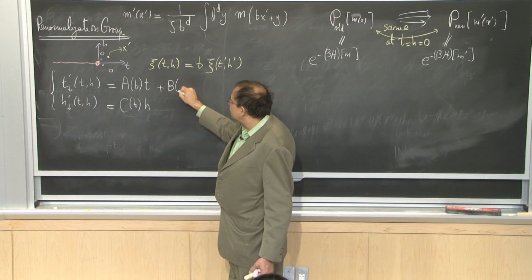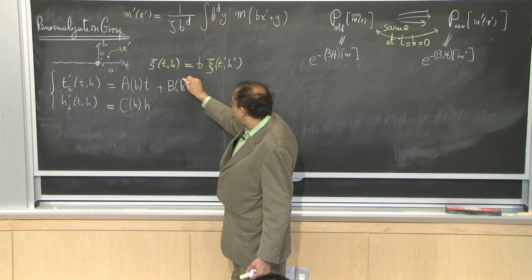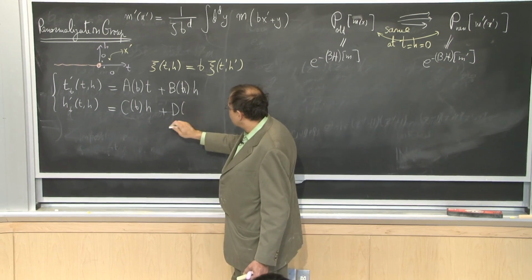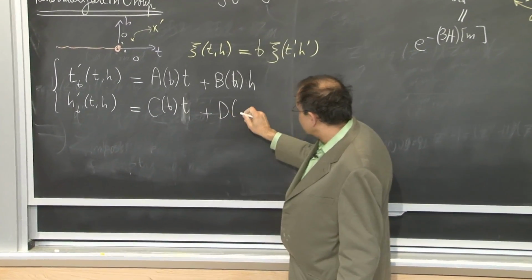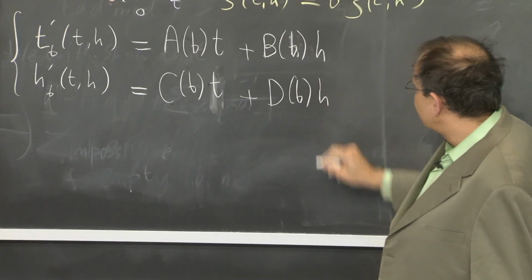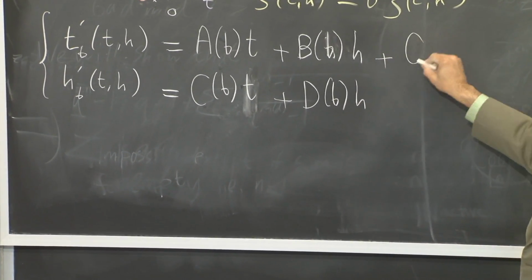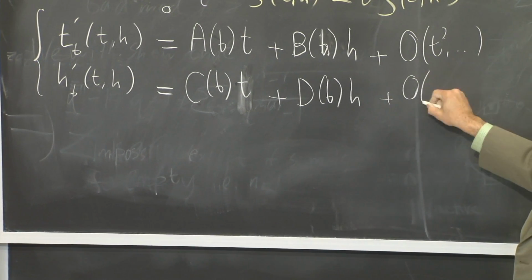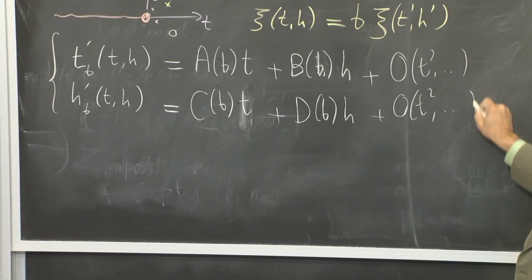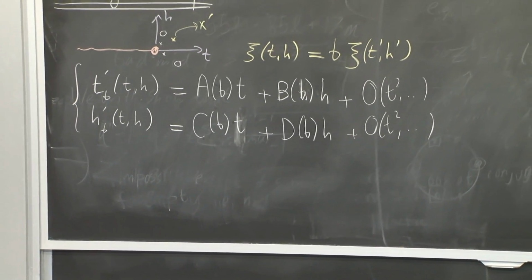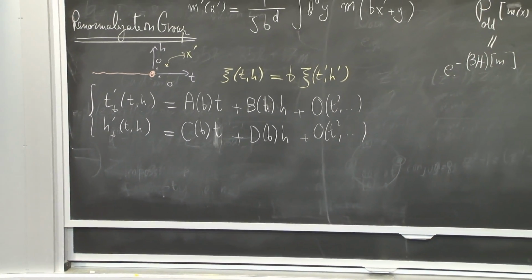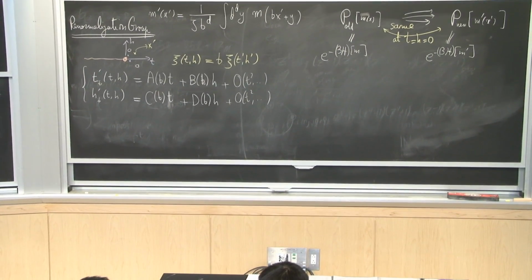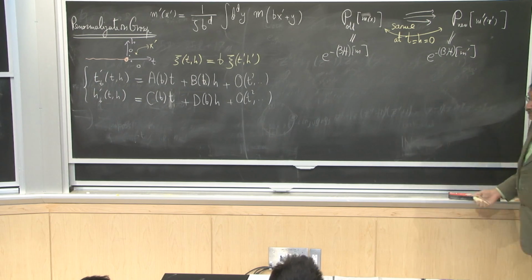Let's call this t. Let's call this h. And then there will be terms that would be order of t squared and higher. So I just did an analytical expansion justified by this summing over just finite degrees of freedom at short scale.